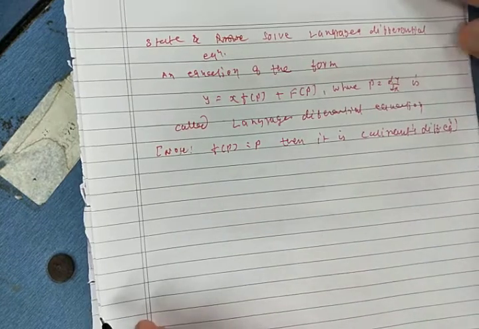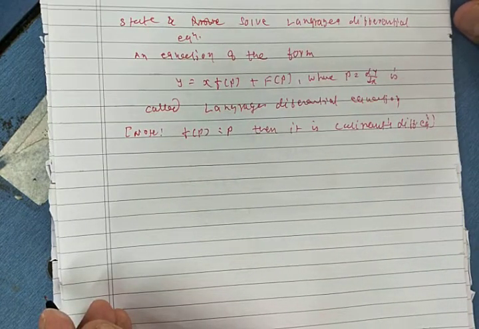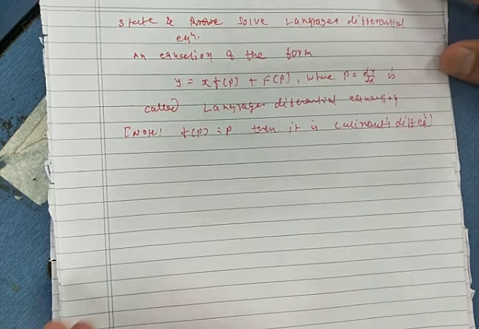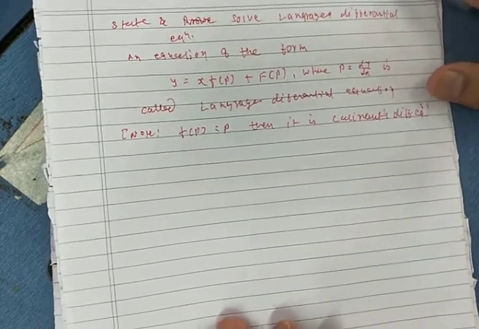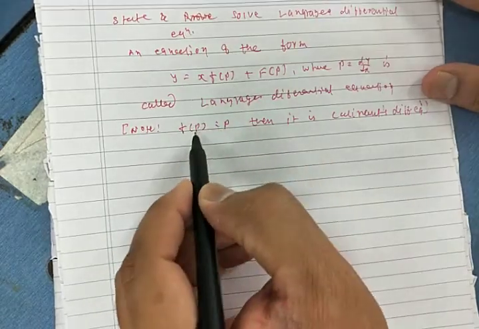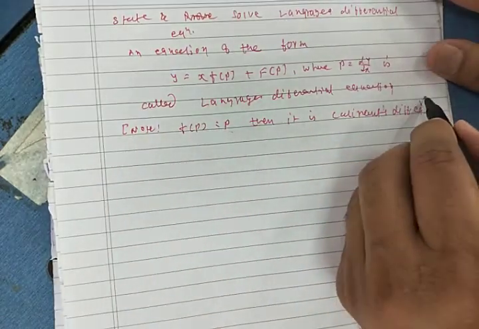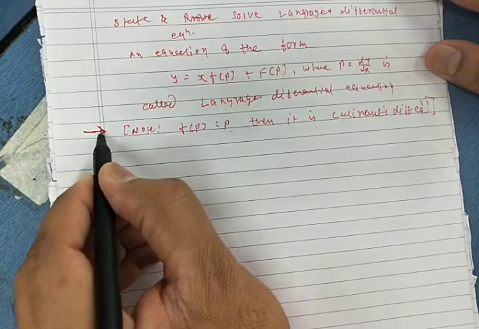It is a particular case. So every Clairaut differential equation is also a Lagrange differential equation. Clear? Both are same. In particular, for this case, f of p is equal to p. This one is not. And that thing we are going to use in a practical section, so don't worry.